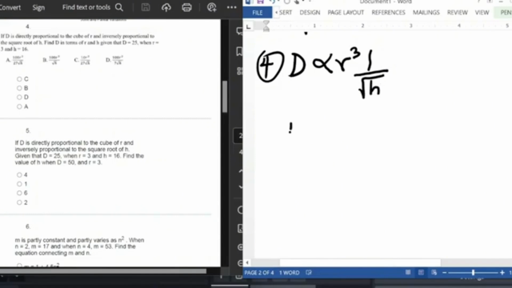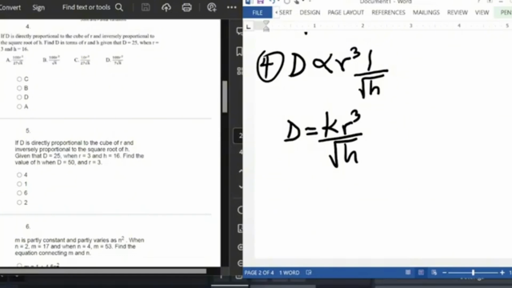That is going to give D equals k R cubed all over the square root of H. So find D in terms of R and H, given that D is equal to 25 when R is equal to 3 and H is equal to 16.